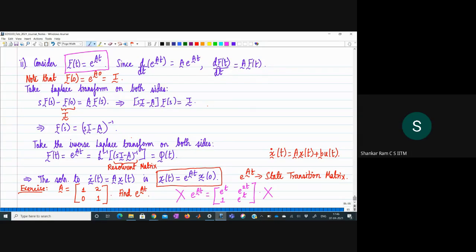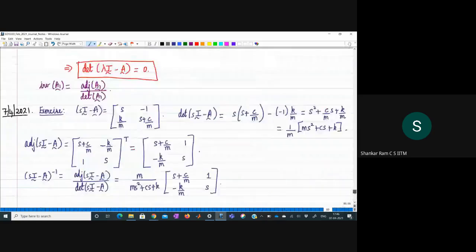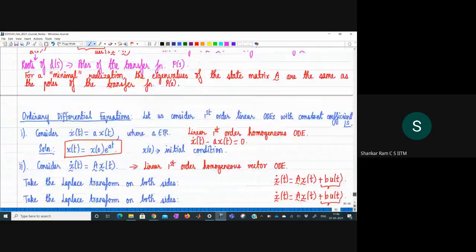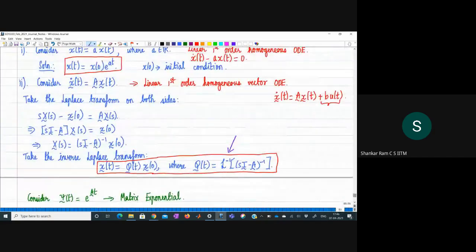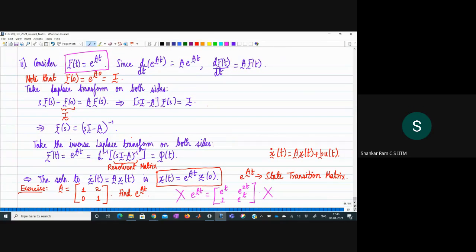Yes, because what is the first step? First, we figured out that the solution is x of t is phi of t x0, right? That was step number one. Then in this derivation, we have figured out phi of t is e power At. I'm just substituting for phi. That's it.